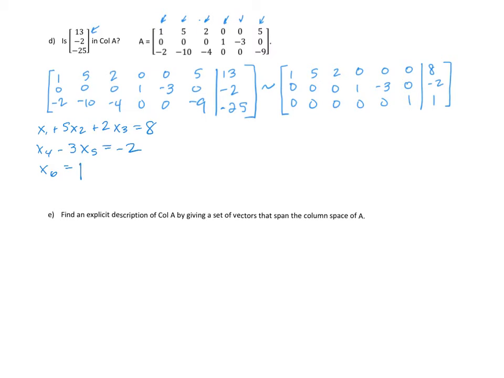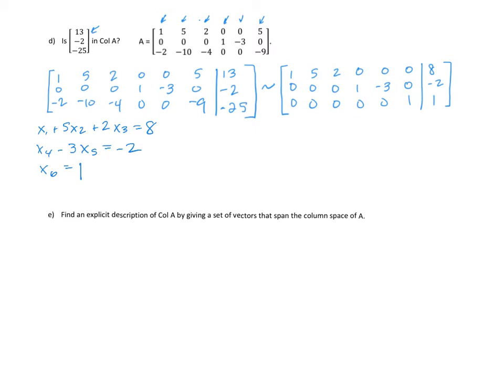So there are infinitely many solutions, which means that yes, because there is any solution, 13, -2, -25 is in col A. There is a set of weights that you can put on those columns to get 13, -2, -25.